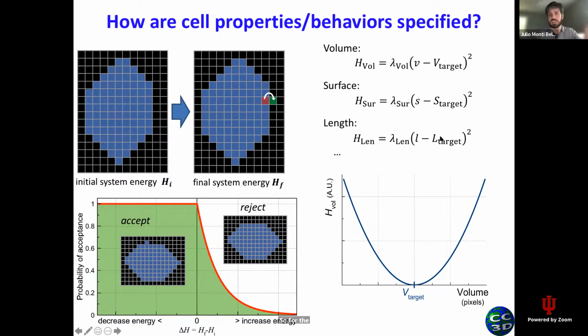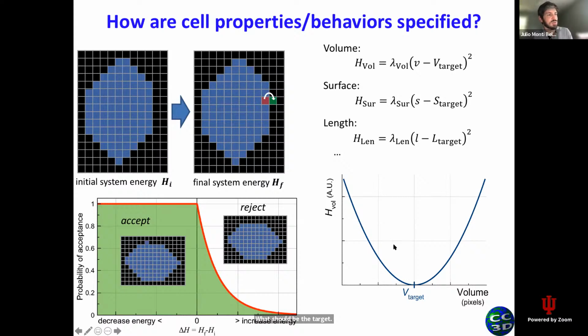You can also do the same for the target length. And basically, most of the properties that you add to the cell have this quadratic-like, hook-and-spring shape, where you penalize deviation in either direction from what should be the target property that your cell should have.